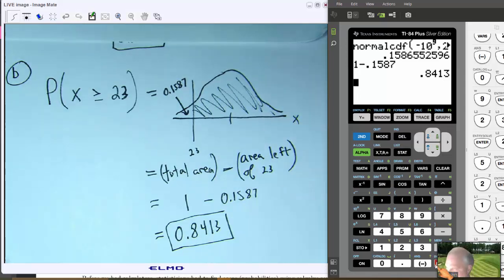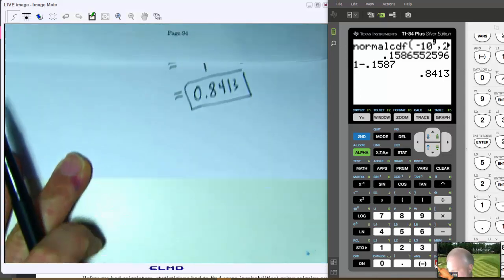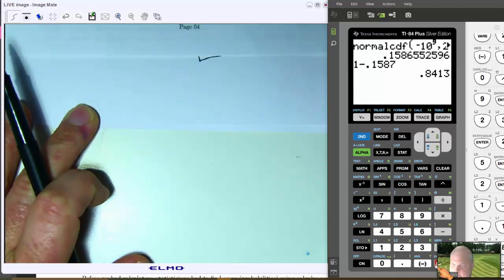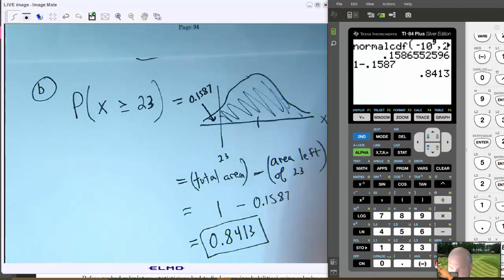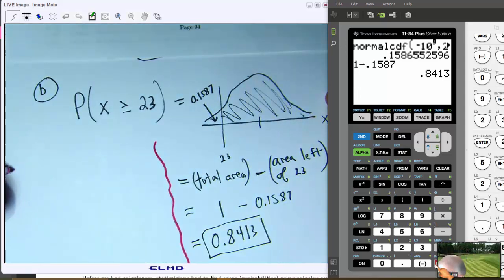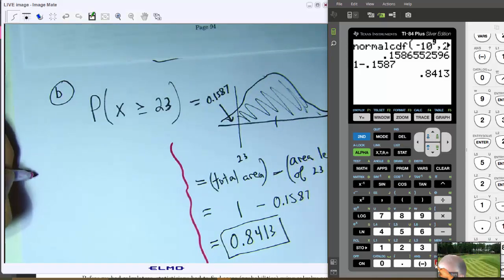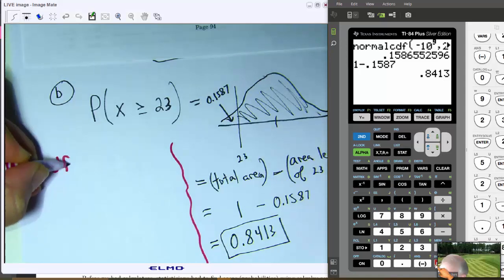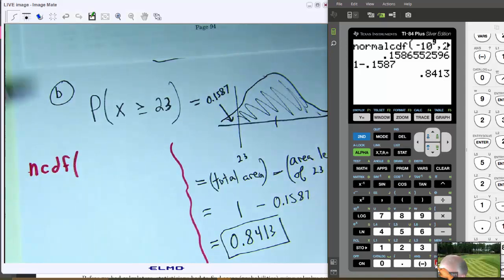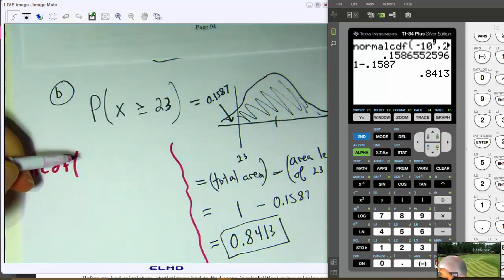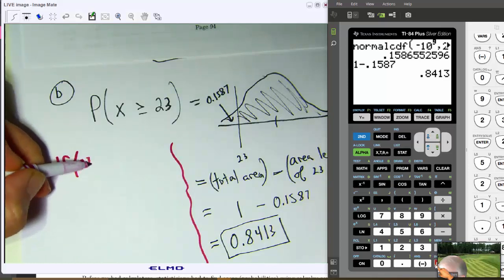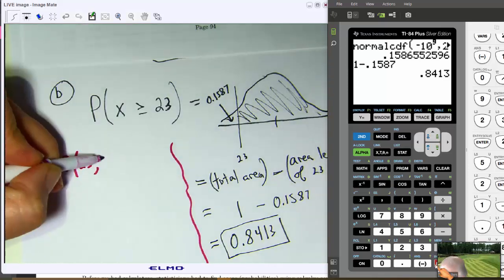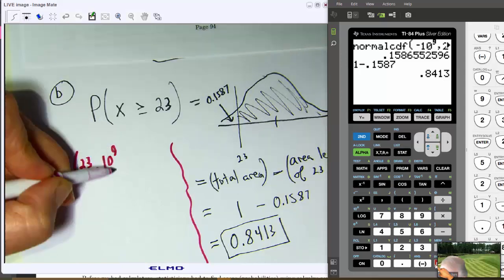So if you wanted to confirm that that was the correct answer, you could also use the normal CDF command, right? Alternatively, we could call on normal CDF. I'm going to abbreviate that as NCDF just for the sake of some space here. And the lower boundary is 23. The upper boundary is infinity, or 10 to the 9.